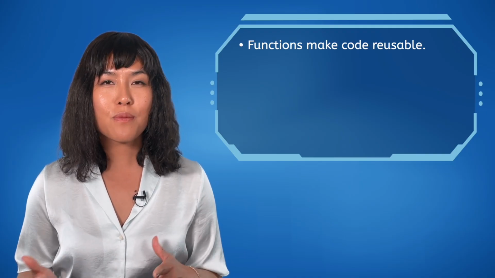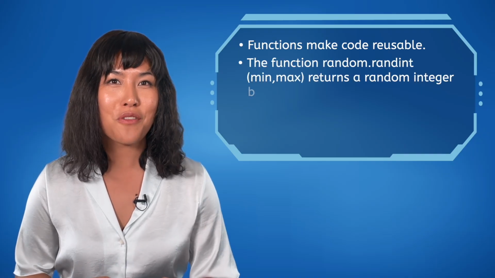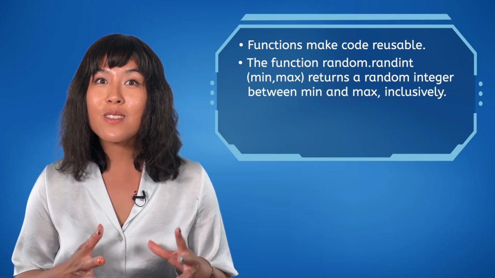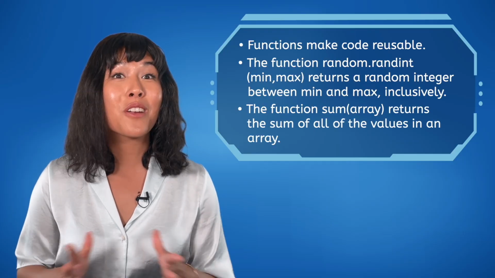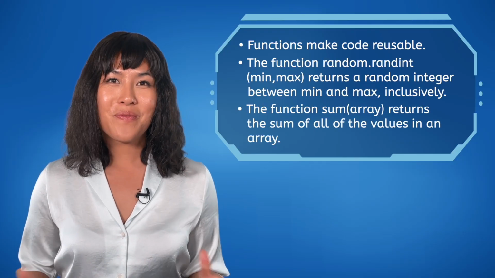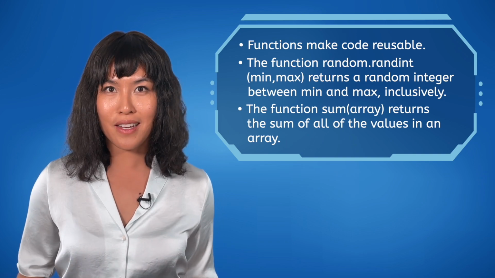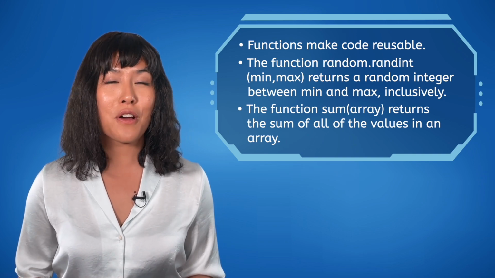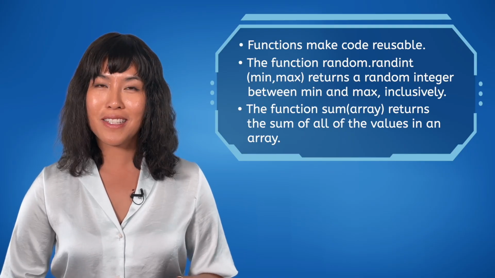We've leveraged built-in functions like randint, allowing us to generate random numbers, and the sum array function that allowed us to sum up values in an array efficiently. This helped to add realism and efficiency to our simulation, demonstrating the power of combining custom functions with existing libraries.